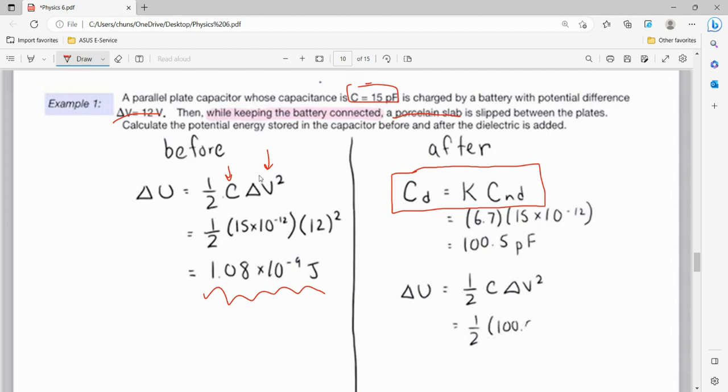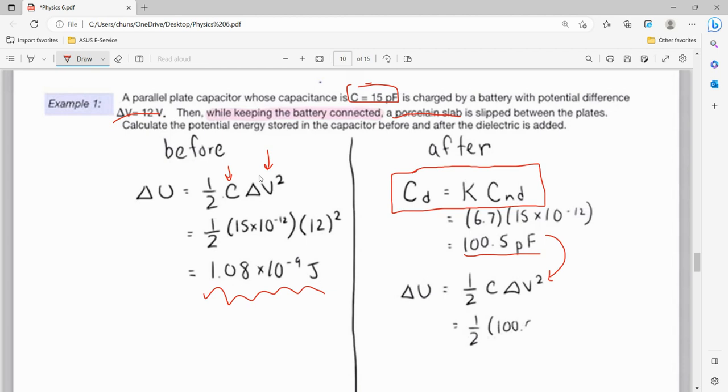Capacitance, like we said in the first part of the video, is constant in a system, but it is not going to be constant in this case because we have a dielectric which is altering its capacitance. So we take our initial capacitance and multiply it by our dielectric constant, which is our K. That gives us this new value of 100.5 picofarads. Then we use this new value in the same equation, just with a different value for C.